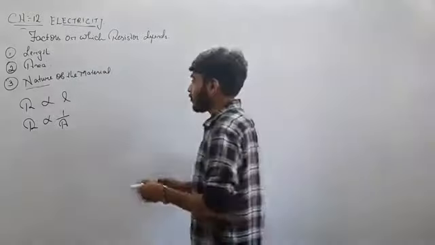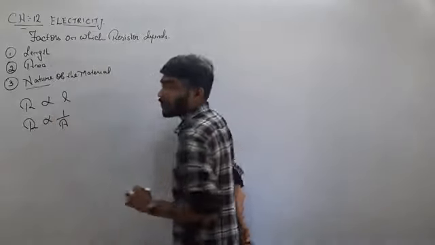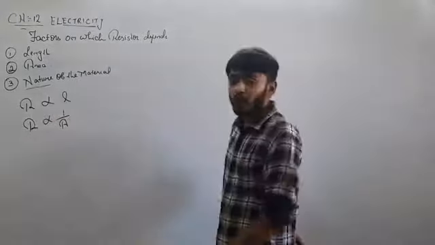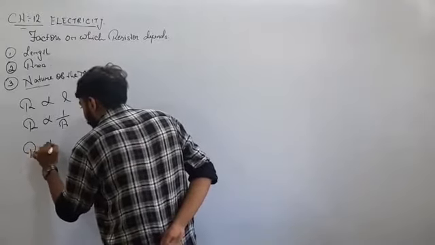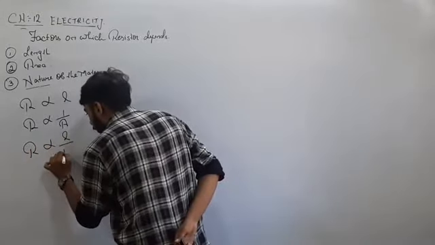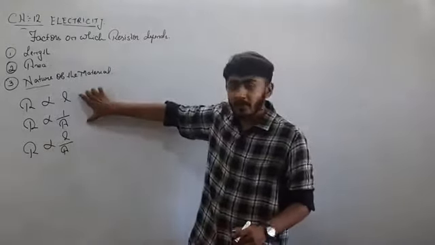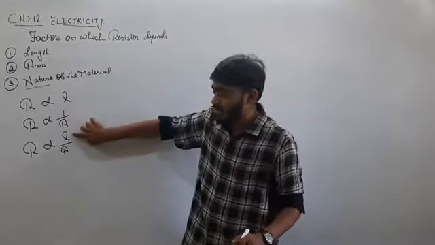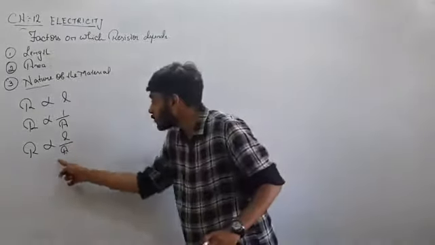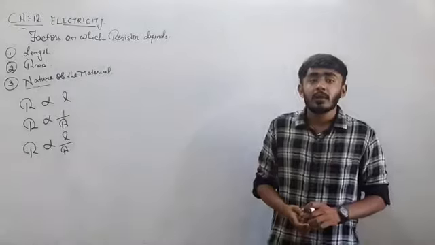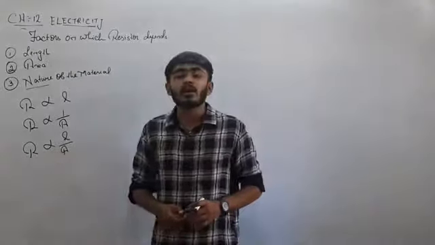You can see over here, students, that both are for R, but they have different formulas. So we can merge those formulas and write R is proportional to L upon A. You can see that I have merged both the formulas. Here L multiplied by 1 upon A is L upon A. As we all know from Ohm's law, we need to remove this proportionality sign.